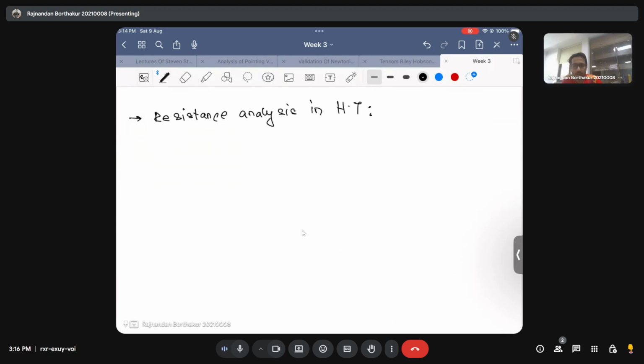As you can see from your screen, we will now be discussing something which I feel is a very important and critical aspect which requires understanding in terms of conduction heat transfer, which is the resistance network. Okay, so we will be discussing this in detail.